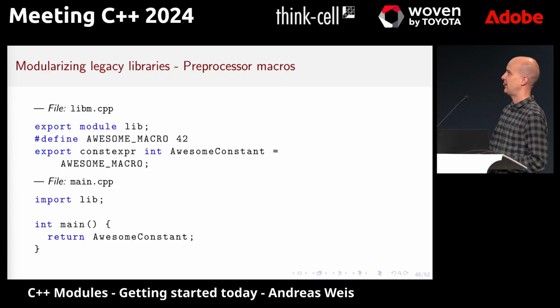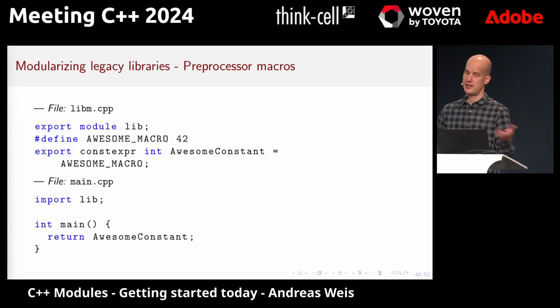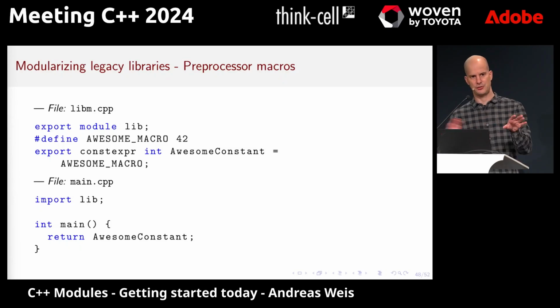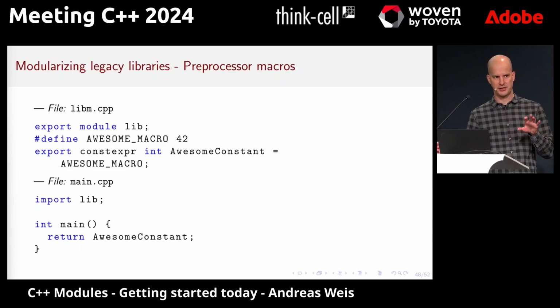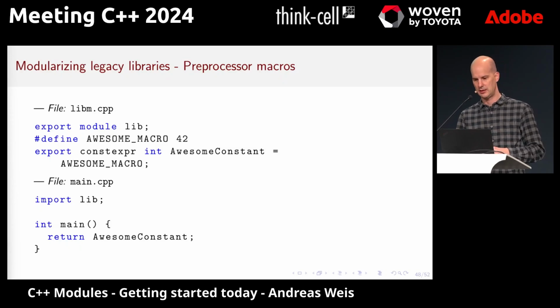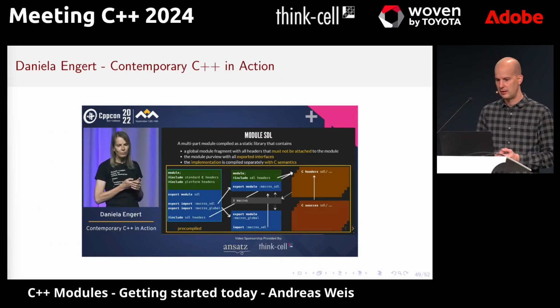Or, if you can, replace all of your preprocessor things with proper language facilities, which you can then export properly. Whichever you choose, if you have preprocessor stuff in your library, you need to think a little bit about how you want to do this.